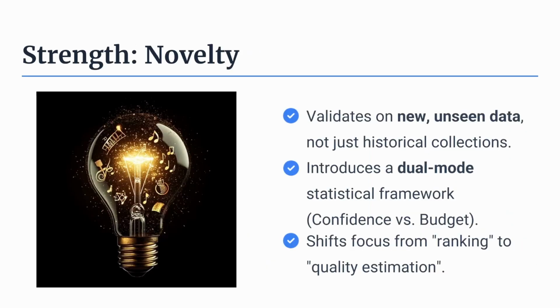And regarding the novelty, the highlight is that it doesn't rely on historical data, but directly validates the current unseen data. It shifts the problem from simply ranking evaluation to statistical estimation of annotation quality.